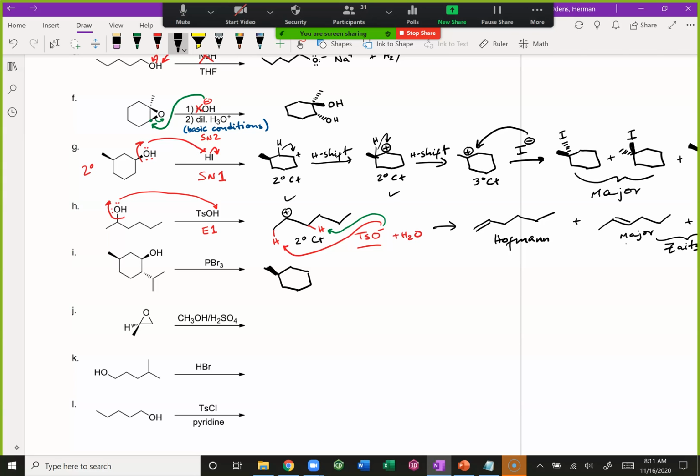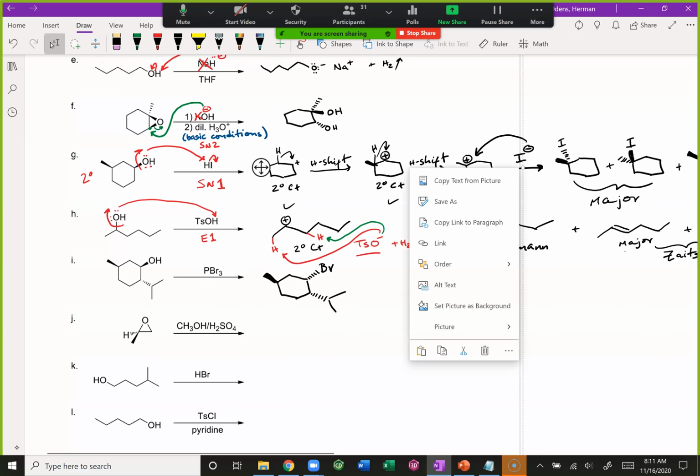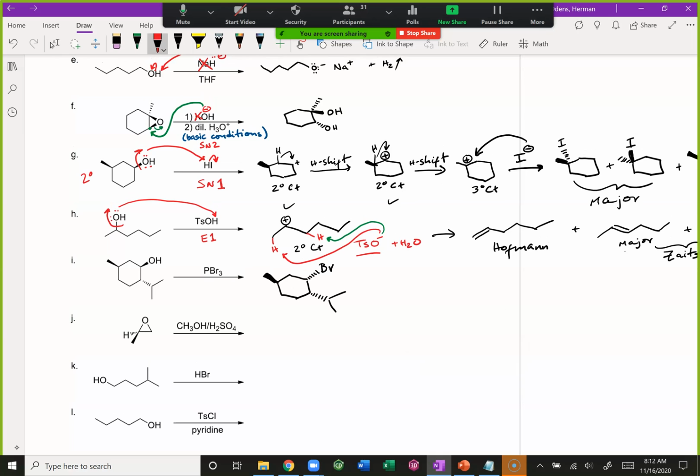So this methyl will be up, this isopropyl will be down, and this OH now turns into a down Br. So this is a pure SN2 reaction.